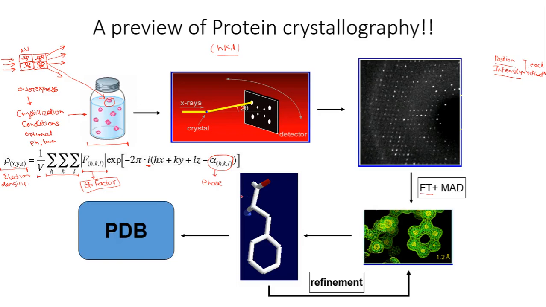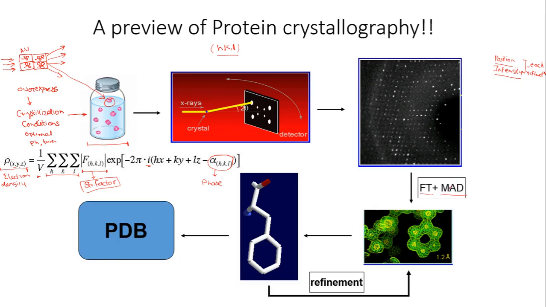The phase information is obtained using various techniques like MIR, multiple isomorphous replacement, or MAD, multi-wavelength anomalous dispersion. Another easier way is molecular replacement, if you know that your given protein is similar to some already existing protein. Let us not go into more detail on these.